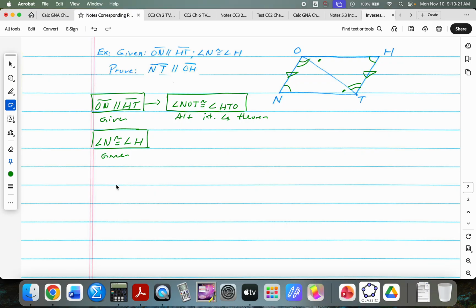Then what else can we add to this to help us prove that the two triangles are congruent? Yes? OT is congruent to OT. Exactly. By the? Reflexive property. Yeah, reflexive property. That's enough to prove that the two triangles are congruent.